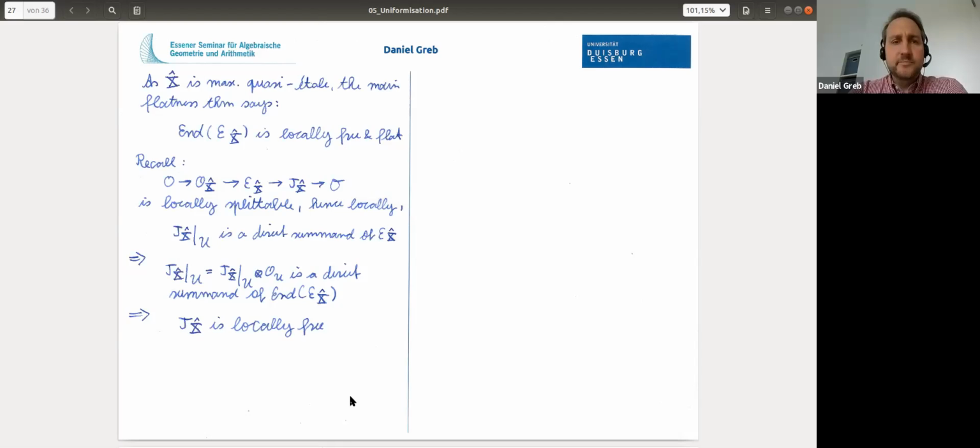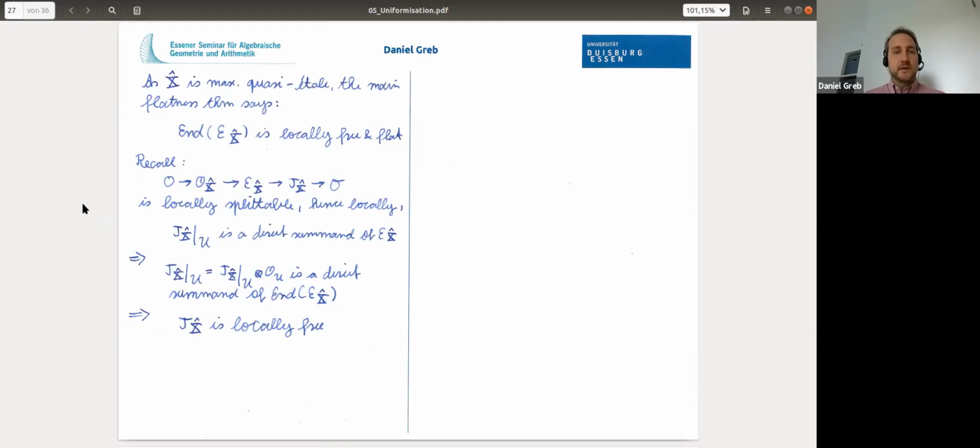Okay, so what does this imply? Recall what this extension is. It's an extension of T X hat by O X hat. It's locally splittable, and that's the point where we need that again. Locally, this extension splits. So locally, T X hat is a direct summand of E X hat.